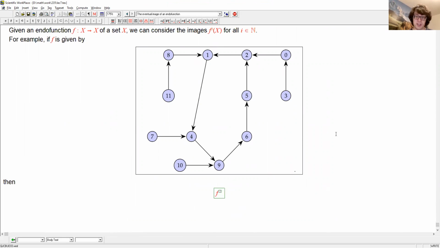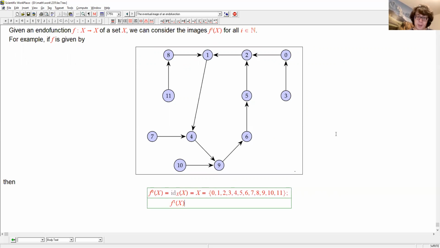What are the images? So first of all, f^0: if you apply f 0 times, you're just applying nothing. So it's the identity map, and the image of the identity map is the whole set X. So 0, 1, 2, 3, 4, 5, 6, 7, 8, 9, 10, 11. Now, what happens when you apply f once? So 11 is not in the image because 11 is not hit by a single arrow.